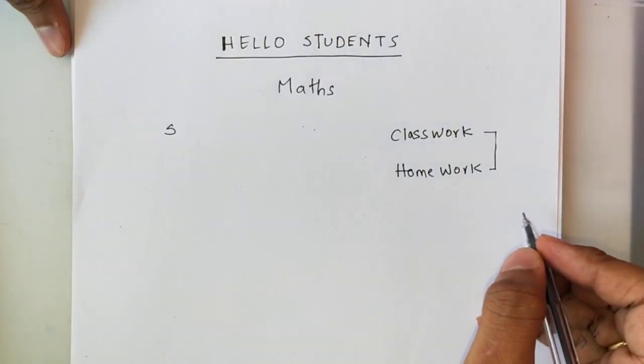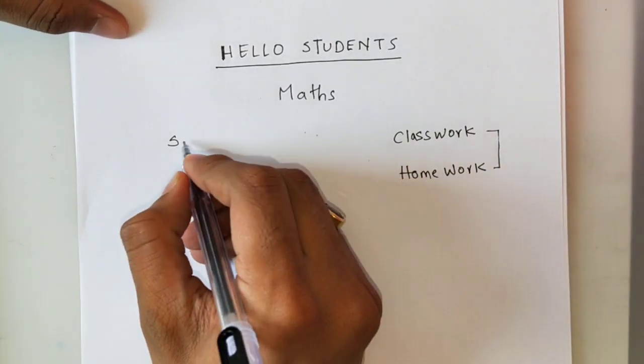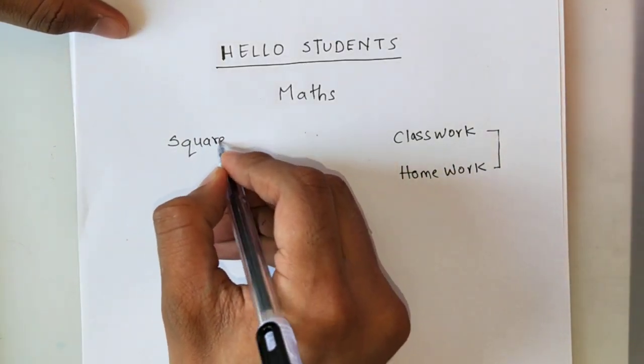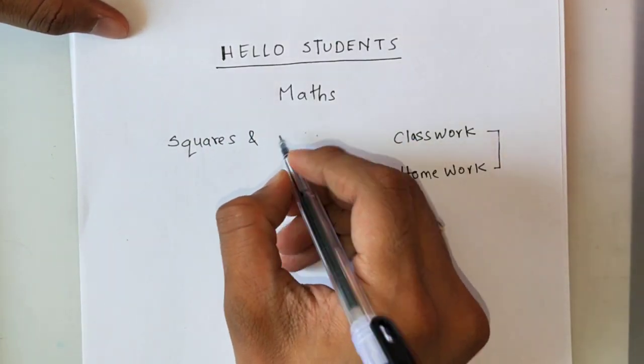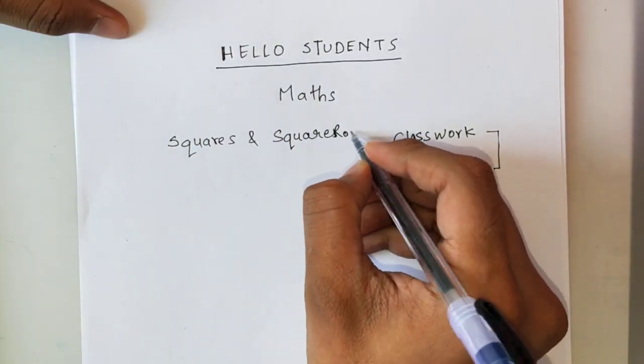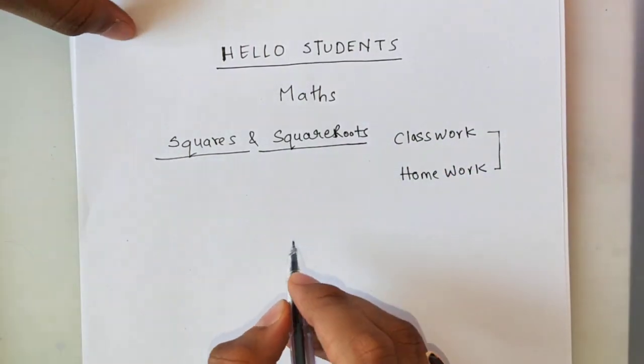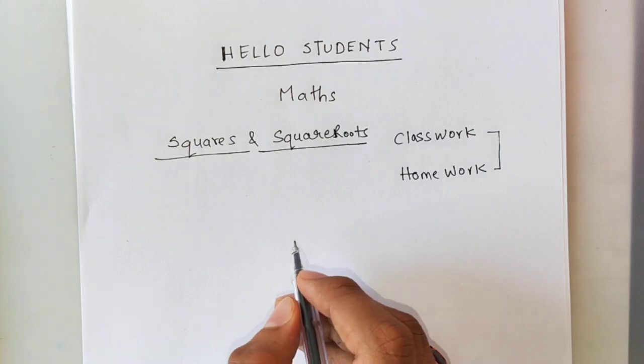As I said, now keep your textbooks handy. We'll be doing the chapter squares and square roots. Now see, most of you know what squares are.